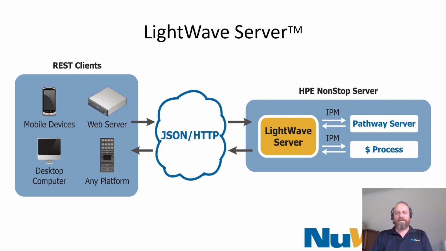So the backend application receives the request, processes it, returns a response back to LightWave Server, and LightWave Server converts that back into a JSON response. And once again, a wide variety of REST clients. Some of those are listed. You could even go so far as to use an Amazon Echo or another voice type of device.